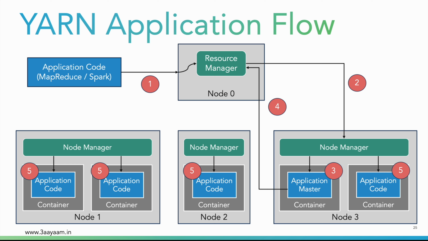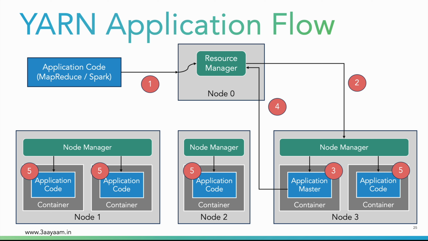Then the application master communicates with the resource manager to bargain for the resources that it needs to execute the code. It can be MapReduce, Spark, or any other code for that matter. If the resources are available, then the resource manager would ask the available node managers to launch the application code in the containers.